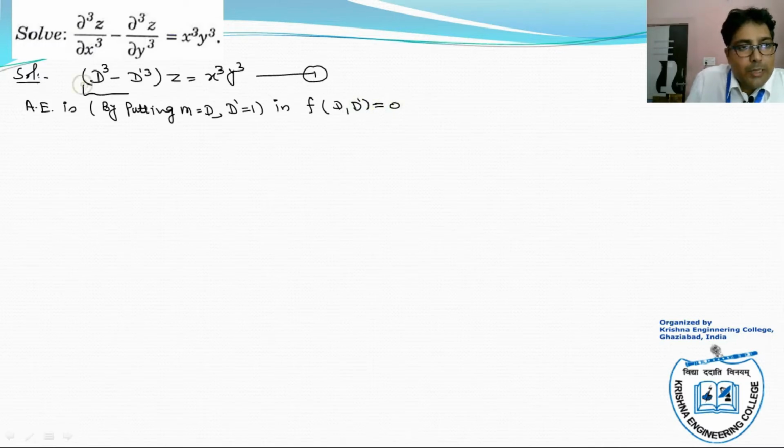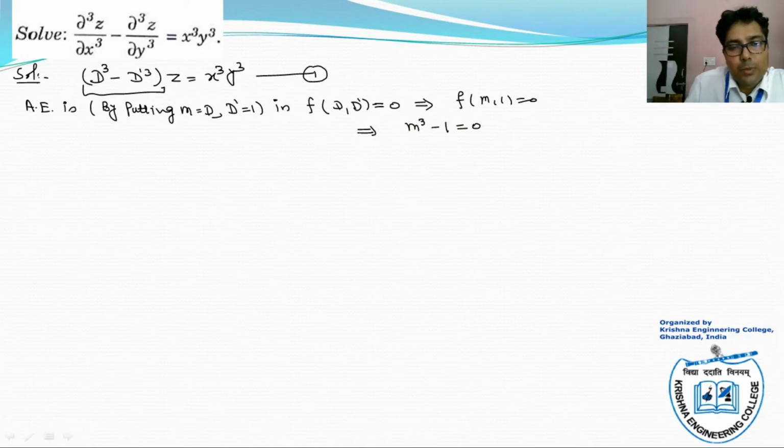That means put f of m, 1 is equal to 0. So this is m cube minus 1 is equal to 0. So m cube is equal to 1, that is m is 1 to the power 1 by 3.